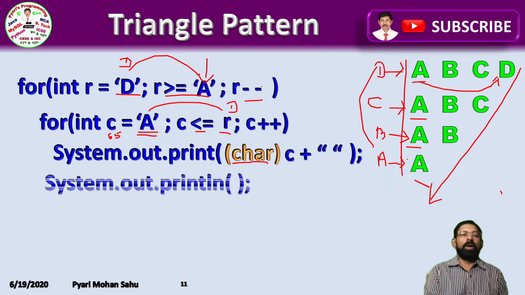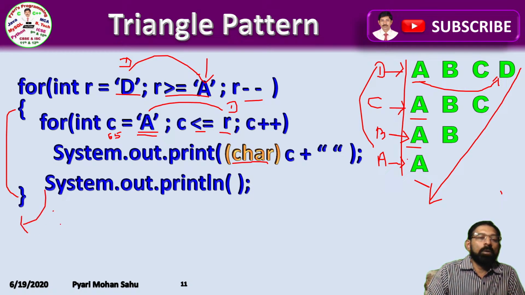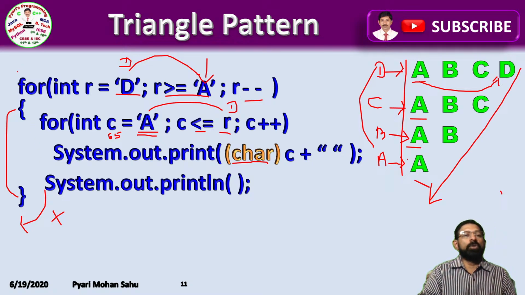So after that we have println and curly bracket. Don't forget about this curly bracket. Some students are putting println after this curly bracket, which is wrong, because after the completion of your outer loop, the pattern is completed.